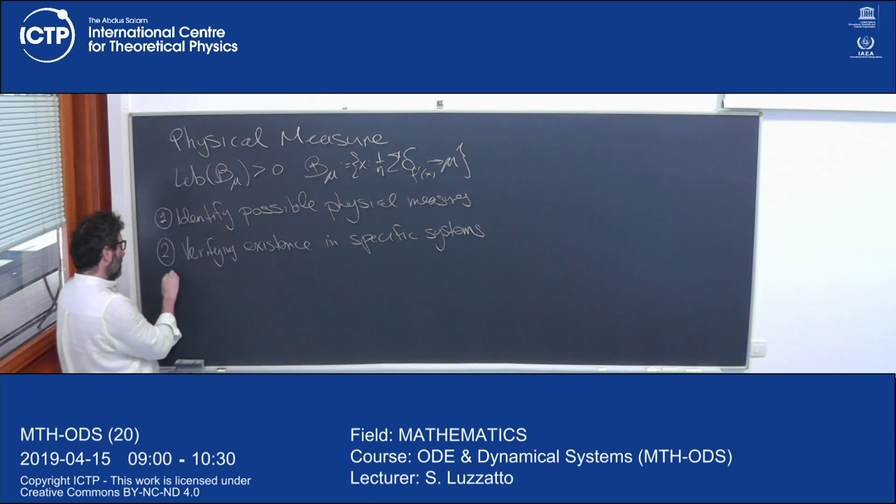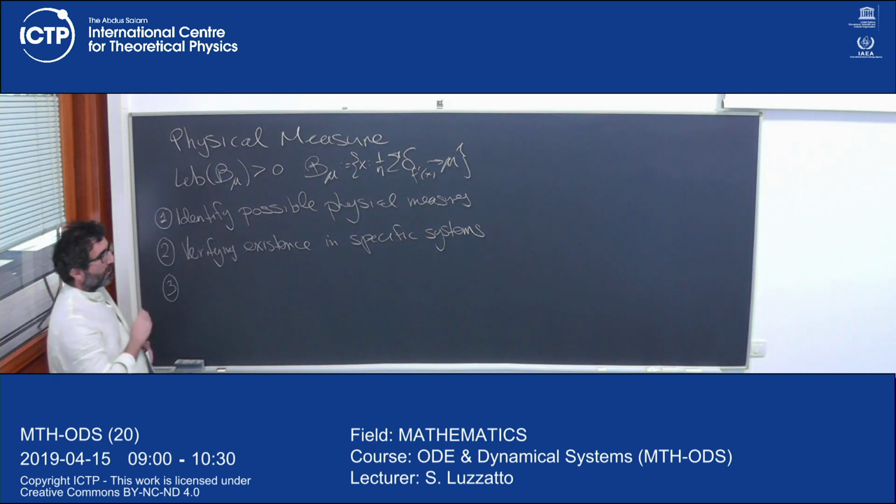And the third, which I've not talked about at all, but I will talk a little bit about it now, is about going deeper into the ergodic properties of the measure. So for the moment, the only tool, the only motivation for the invariant measures we have is Birkhoff's ergodic theorem, okay?